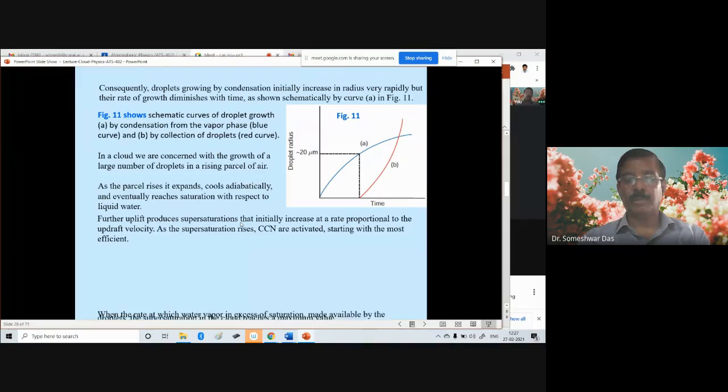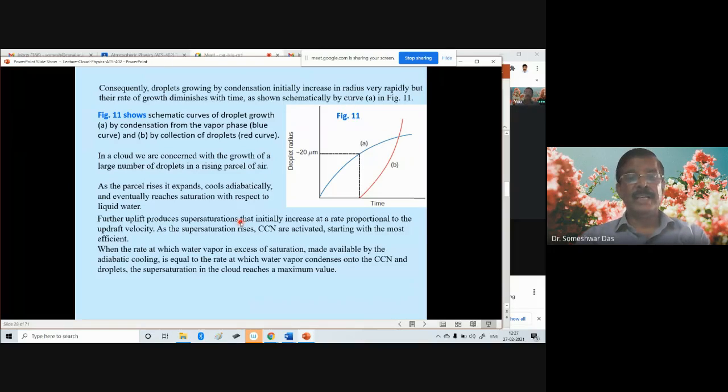When the rate at which water vapor in excess of saturation is made available by the adiabatic cooling is equal to the rate at which water vapor condenses onto the cloud condensation nuclei and droplets, the supersaturation in the cloud reaches a maximum value. Okay, reaches a maximum value.